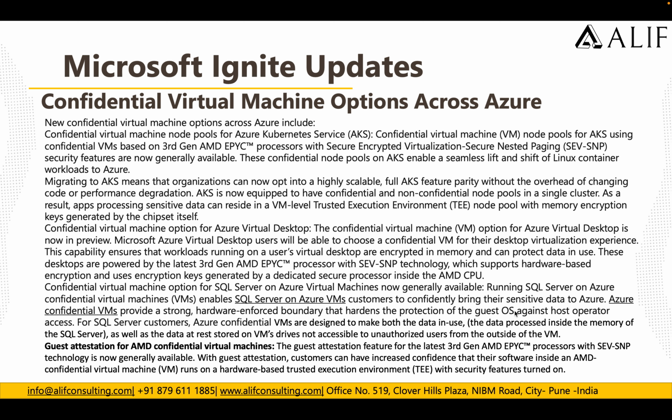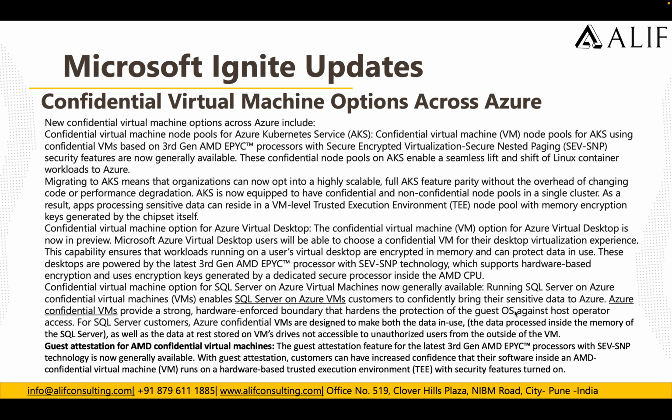And these confidential node pools on AKS enable a seamless lift and shift of Linux container workloads to Azure. So the next update which we have is the confidential virtual machine option for Azure Virtual Desktop.